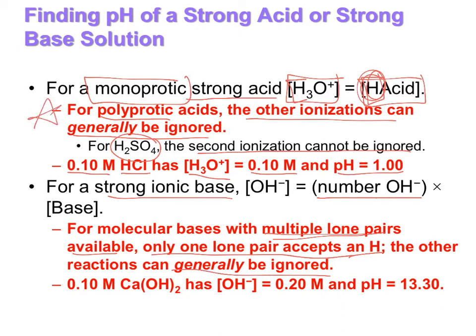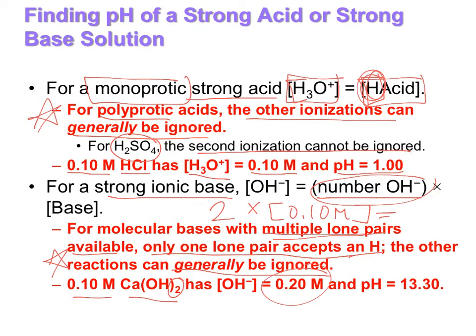So if you have 0.1 molar of calcium hydroxide, we take the number of OHs, meaning 2, times the concentration, which is 0.1 molar. We multiply it and you get 0.2 molar. And when you take the pH of that, you get 13.3.